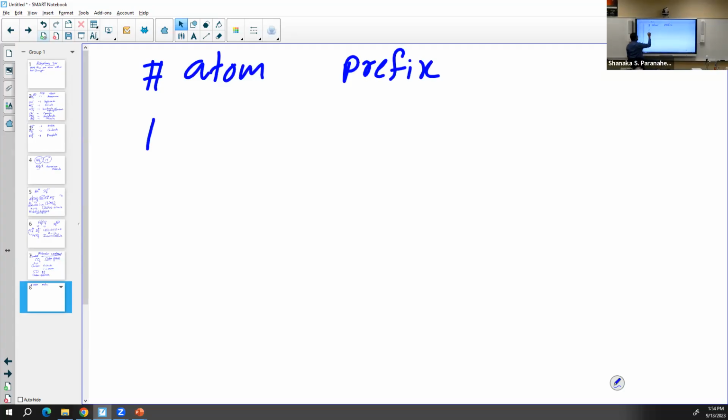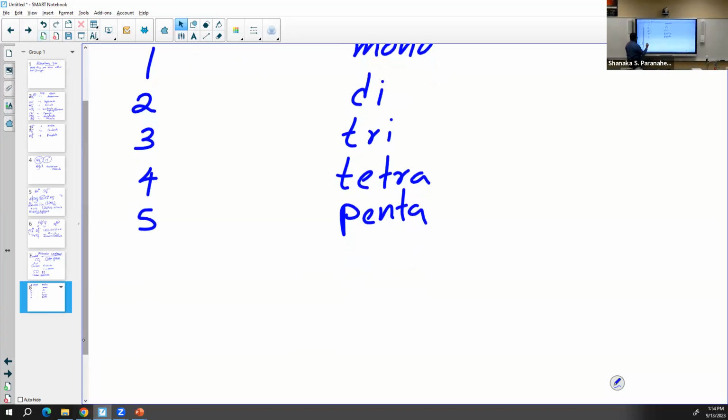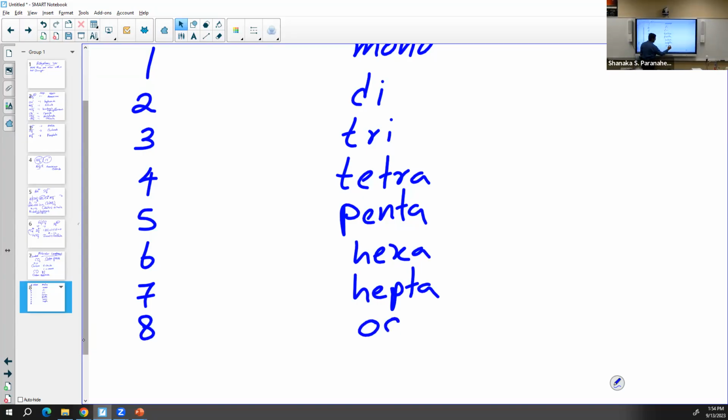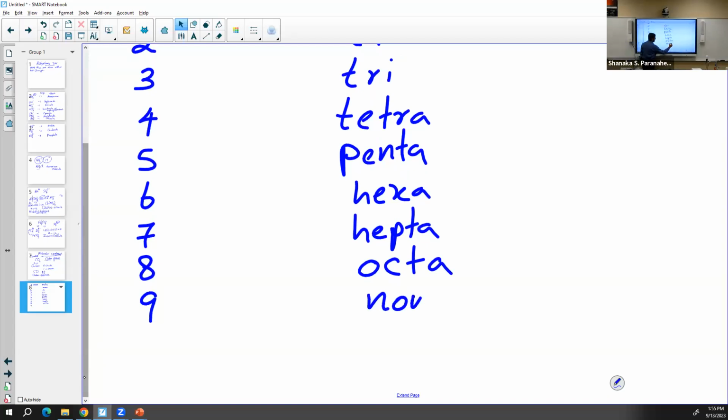So we already know the first 2. If it is 1 atom, prefix is mono. If it is 2 atoms, prefix is di. If it is 3, tri, 4, tetra, 5, penta, 6, hexa, 7, hepta, and you heard the other one, 8, octa, like the octet rule, 9, nona, 10, deca.